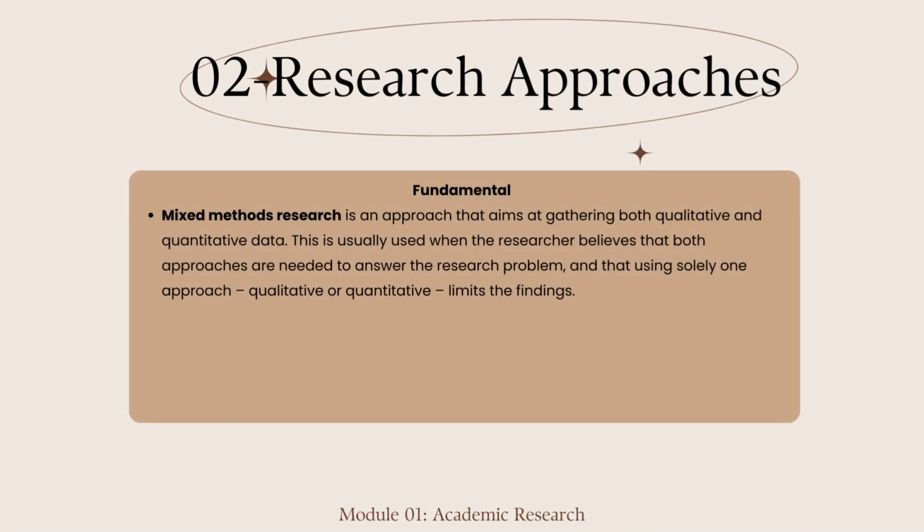And mixed methods research is an approach that aims at gathering both qualitative and quantitative data. So, this is usually used when the researcher believes that both approaches are needed to answer the research problem, and that using solely one approach, qualitative or quantitative, limits the findings. So, that's what we said previously.